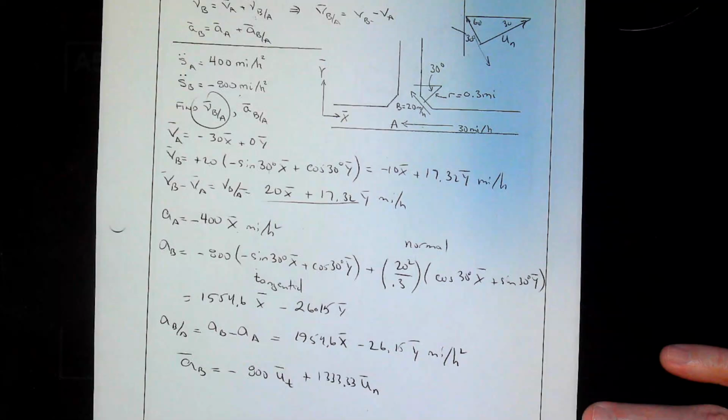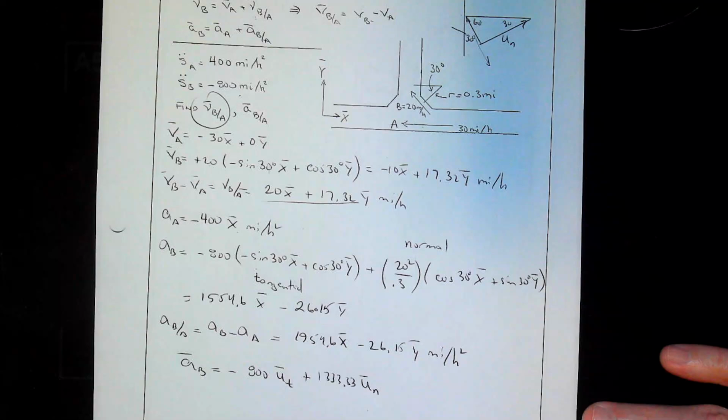If you multiply all this out, this is 1554.6x minus 26.15y. Therefore, AB with respect to A, which is AB minus AA, works out to 1954.6x minus 26.15y miles per hour squared.